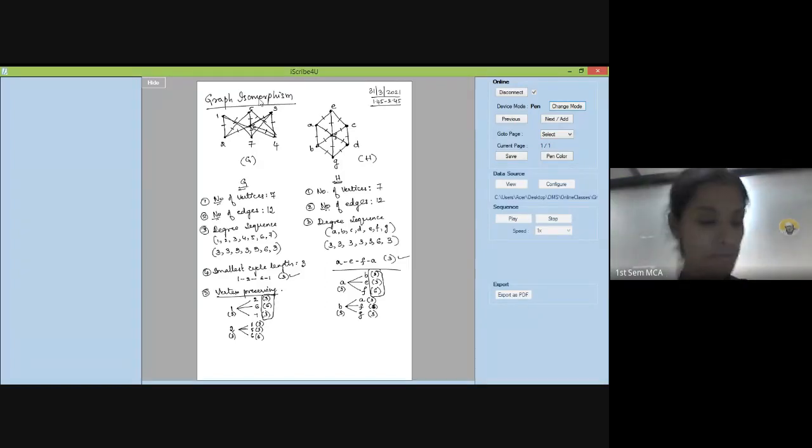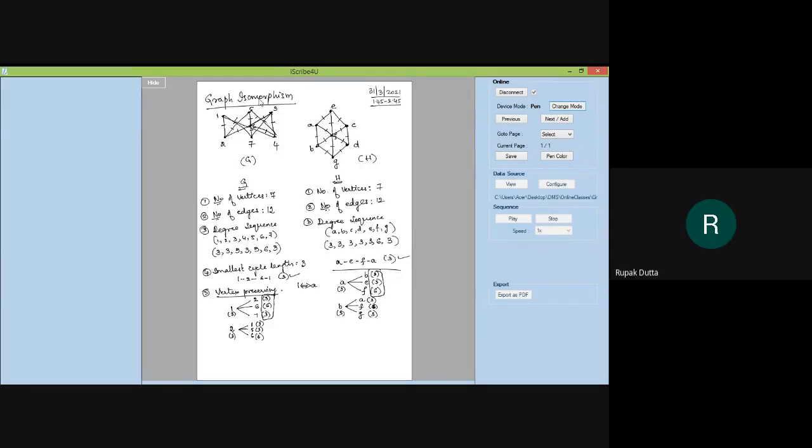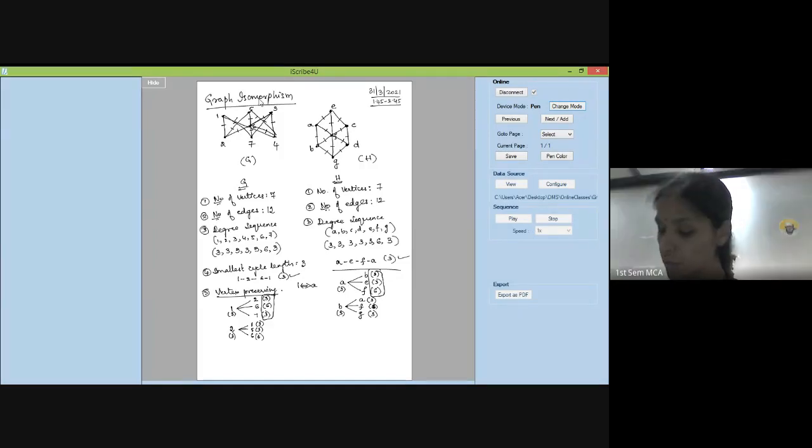So I can make 1 equivalent to A. Are you following? Yes, ma'am. Now again, 2 has 3 adjacent vertices of degree 3, 3, 6. B also has adjacent vertices of degree 3, 3 and 6. So I can make 2 equivalent to B.